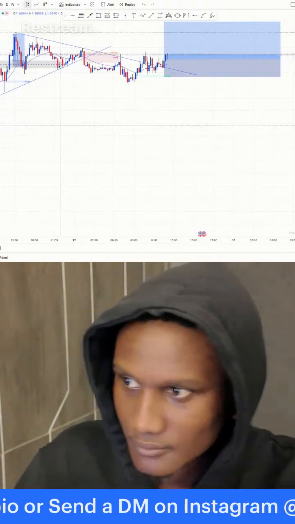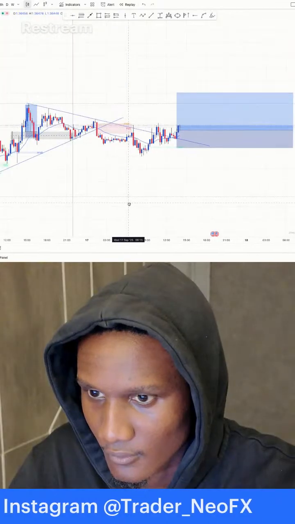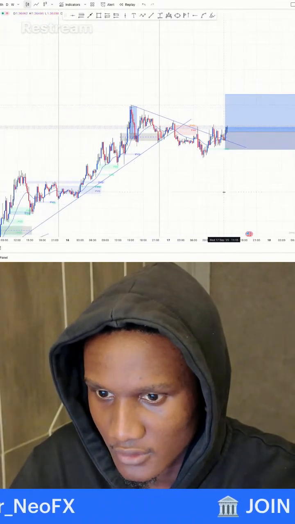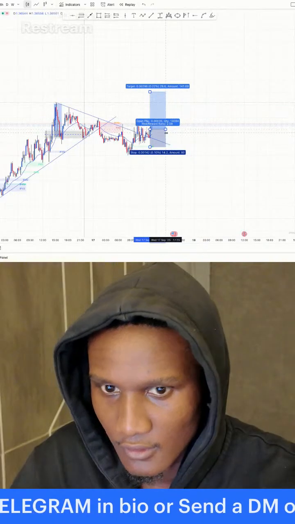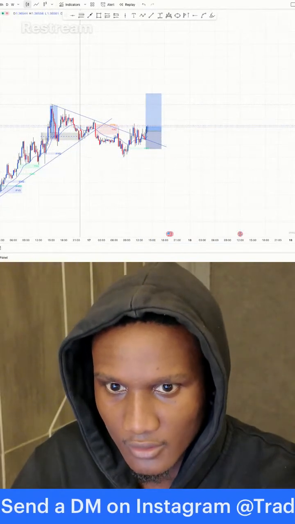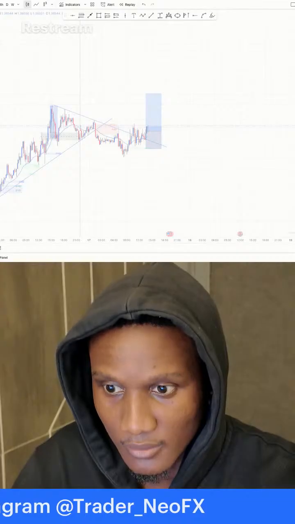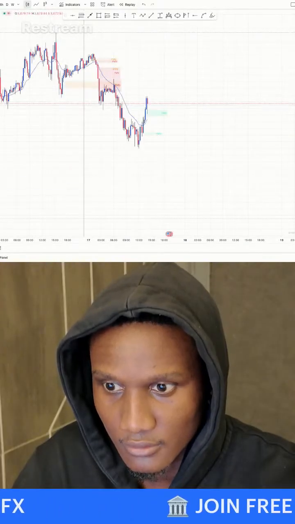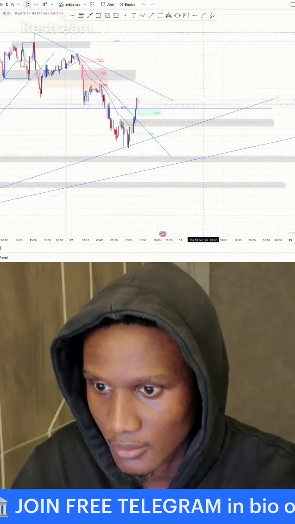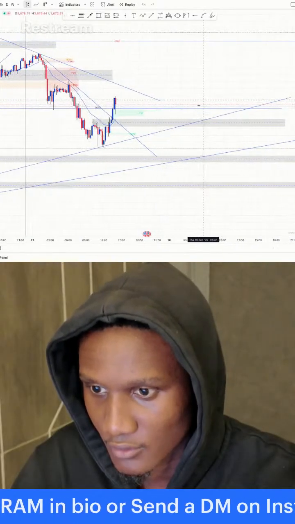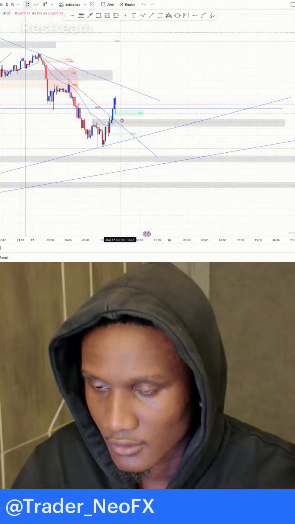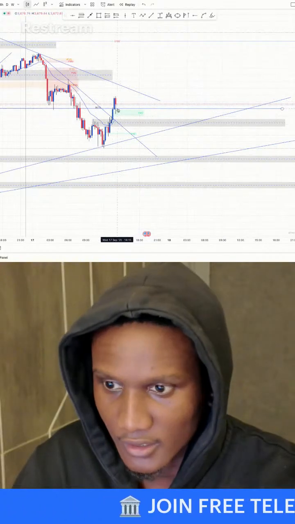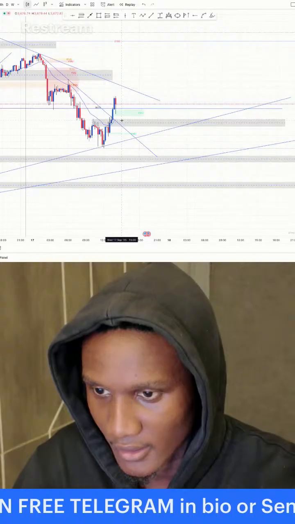Okay, so without wasting much time, I'm currently buying gold. I'm currently buying GBPUSD. For gold, I would like it to pull back into this level for me to get a buy again.